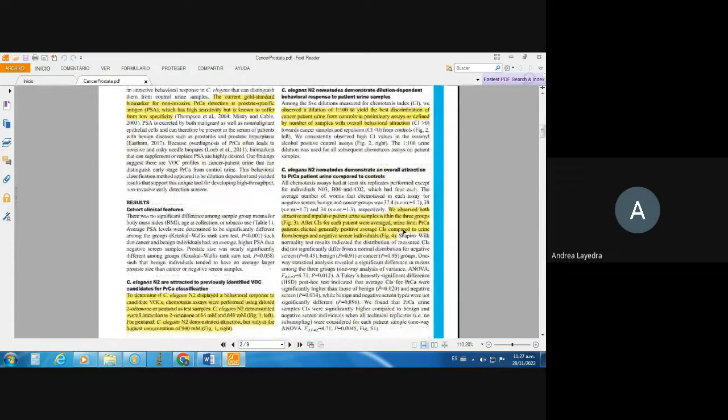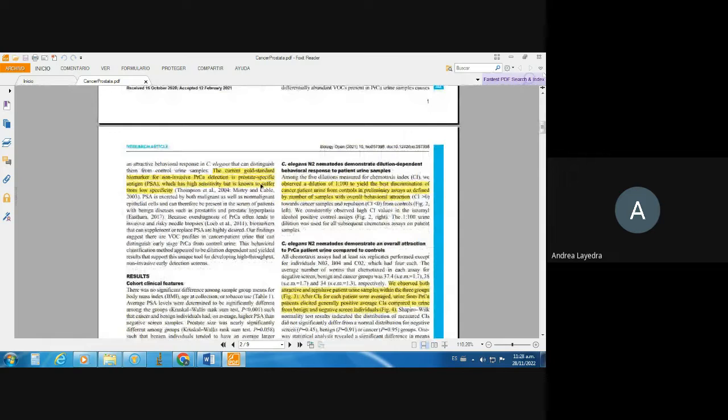Okay. The current gold standard biomarker for non-invasive prostate cancer detection is this prostate-specific antigen, or PSA, which is excreted by both malignant as well as non-malignant epithelial cells, and can therefore be present in the serum of patients with benign diseases such as prostatitis and prostatic hyperplasia.